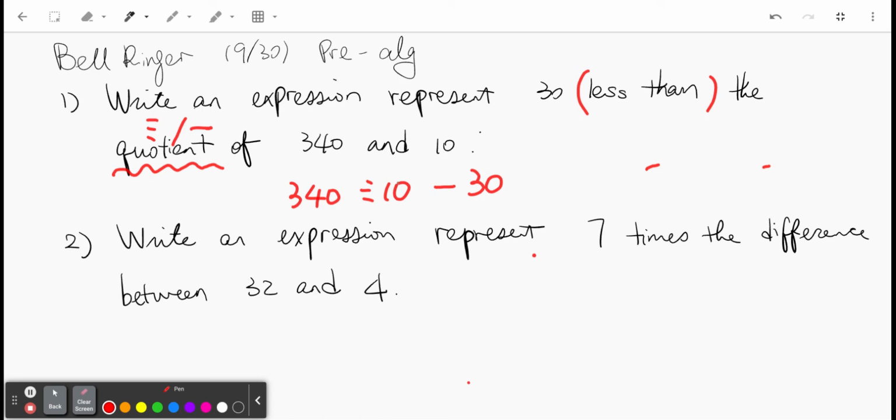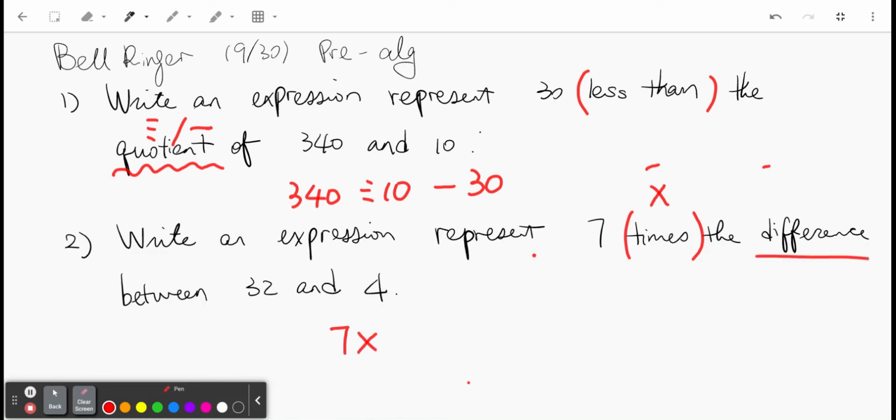Second one. Write an expression to represent 7 times. This is straightforward, right? We have a number 7. And what is times? Very good. Times is multiply. Times, multiply is something we use on a daily basis, right? So 7 multiply. And then it says the difference.